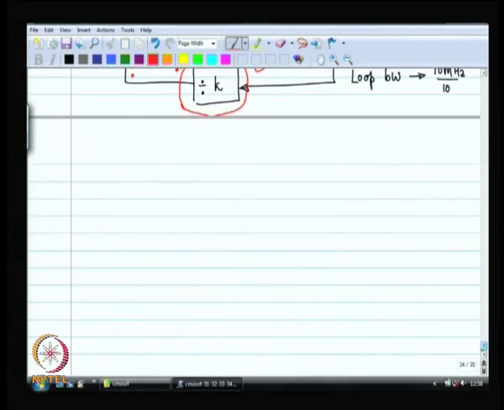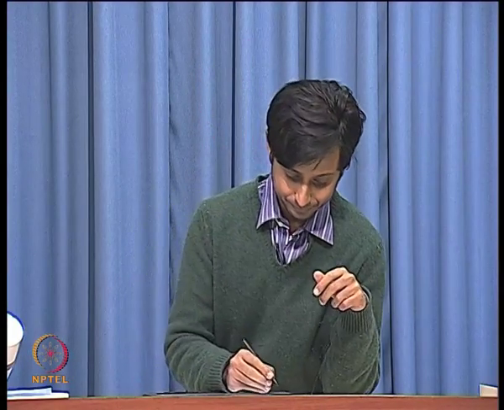Okay. So, let us try to divide by a non-integer, and as an example let us try to do the following.